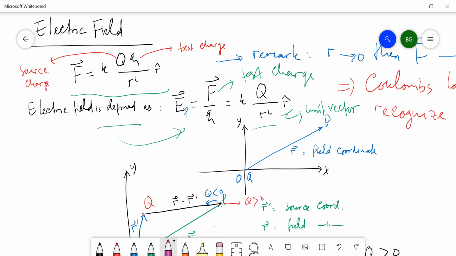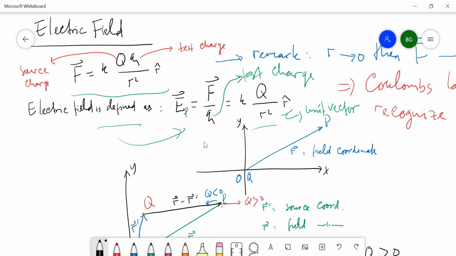The electric field at point P is defined as E equals F over q. This capital Q we call the source, and little q is the test charge. This is F, the force.